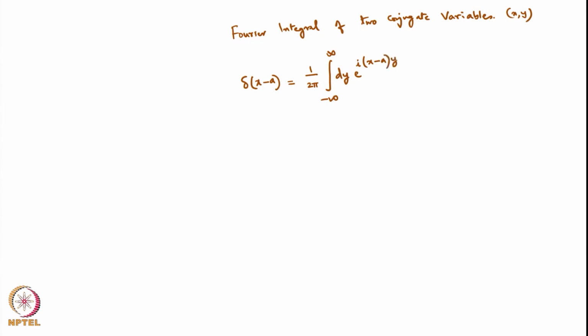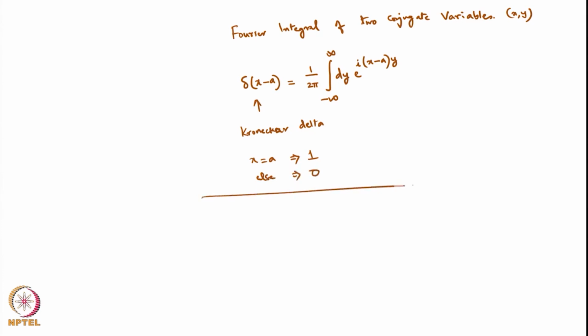Now, what is this delta? This is nothing but your Kronecker delta. That means when x is equal to a, this will go to 1, else it will go to 0.